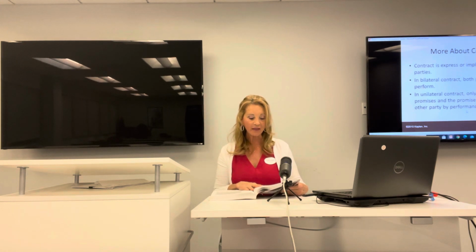A valid contract is created easily if all the required elements are present. Number 1, the parties must have legal capacity. So I would highlight legal capacity. Number 2, there must be an offer by one party and an acceptance by another party. Highlight offer and acceptance.